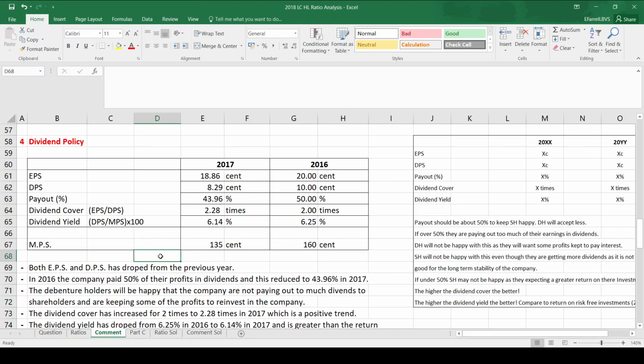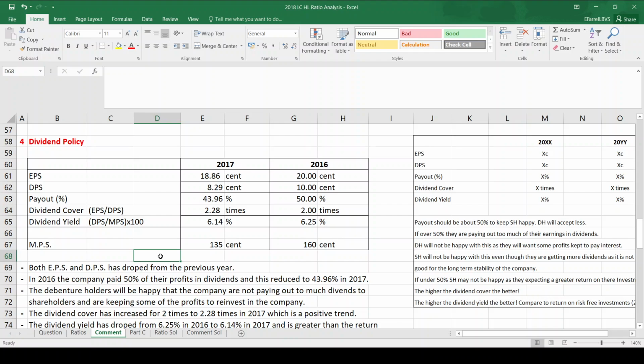They usually say around 50% is good. So you give 50% to the shareholders to keep them happy, and you keep 50% to reinvest in the company. From the point of view of the bank, they definitely don't want it higher than 50%, because then they would feel that the company is paying too much to shareholders and not planning for the long term, as in paying back the interest and the loans to the debenture holders.